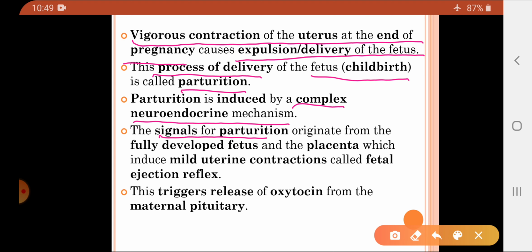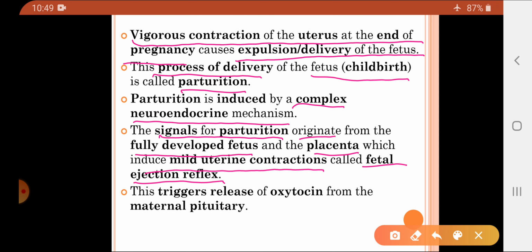The signals for the parturition originate from the fully developed fetus and the placenta, which induce mild uterine contractions called the fetal ejection reflex. Very important: how do the signals for the parturition originate? Basically they originate from the fully developed fetus and the placenta, which bring about mild contraction in the uterus.